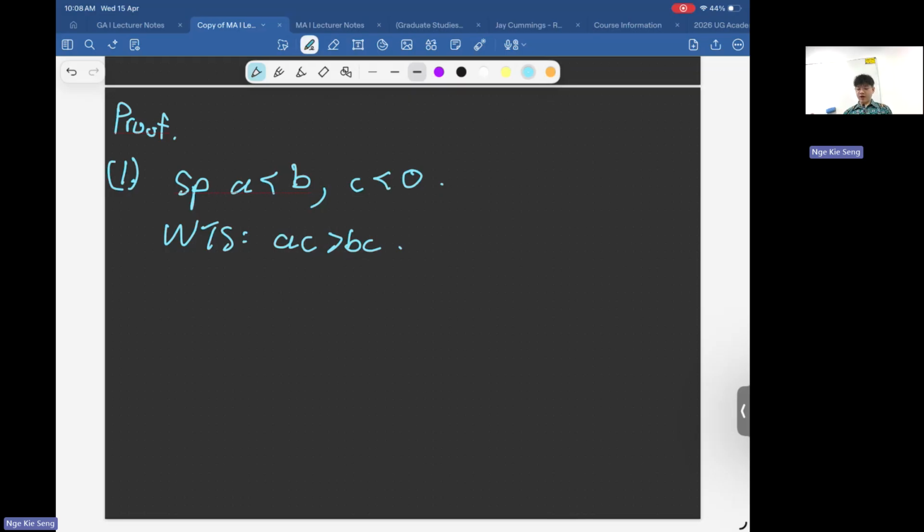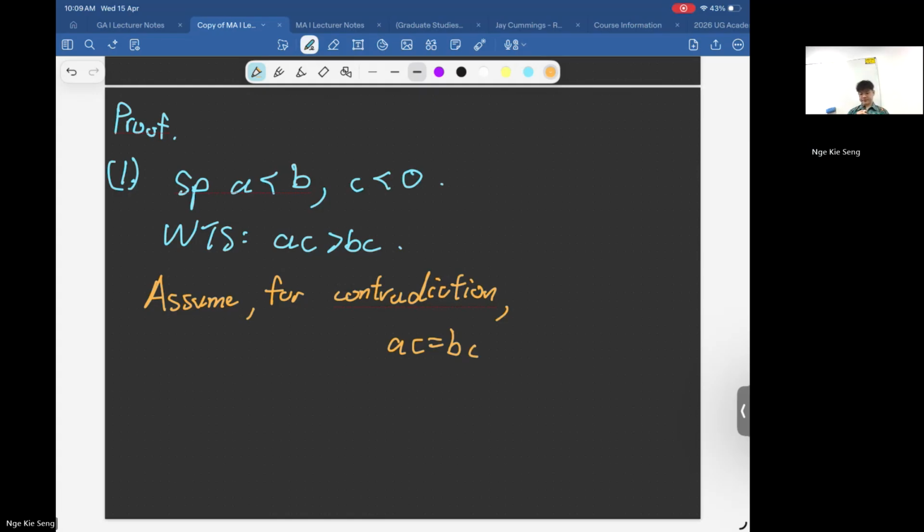Oh, you mean the trichotomy? Okay, let's try that. I'm not sure it works or not. So you want to assume for contradiction? Okay, you want to use trichotomy. That's not what I wanted to do, but we'll try this.